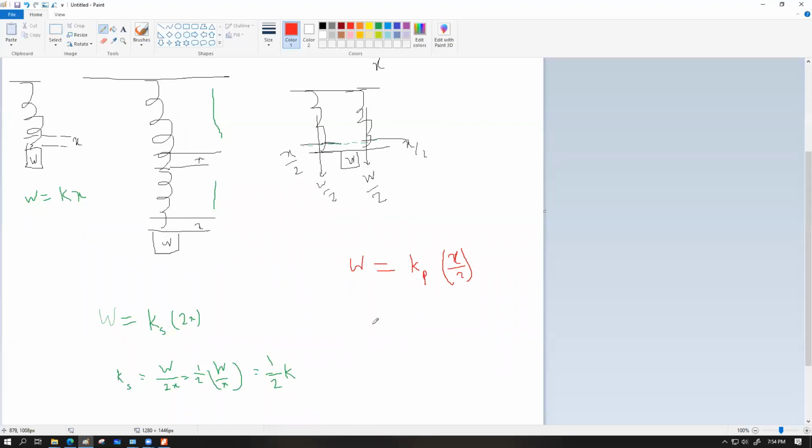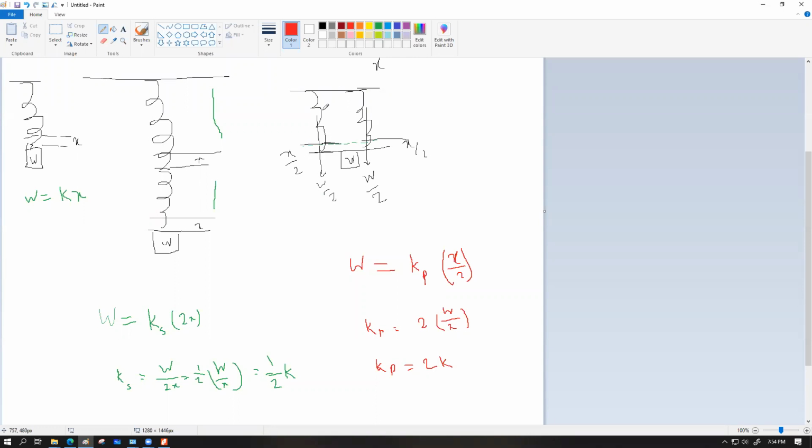From here, if we make Kp the subject, we get Kp equals 2 into W by X. That's just mathematics, which ultimately gives us Kp equals 2K. 2K means this spring combination has a spring constant that is double that of a single spring, which means this spring combination is stiffer, or you can say stronger.